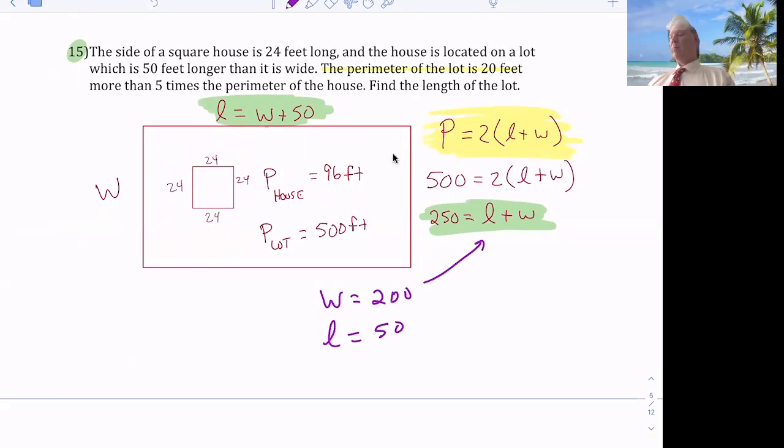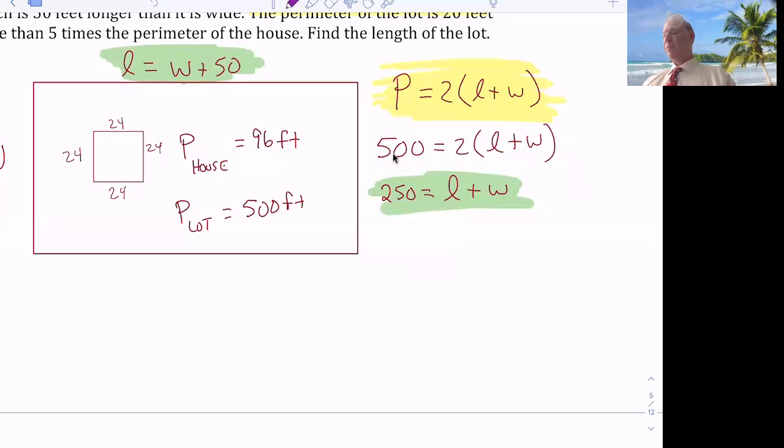All right, but again, let's go ahead and double check that. Let me get this out of the way for just a second. We said the length was the width plus 50. The length is the width plus 50.